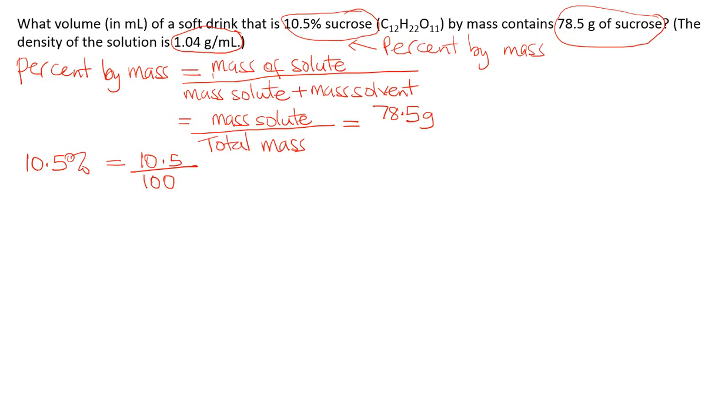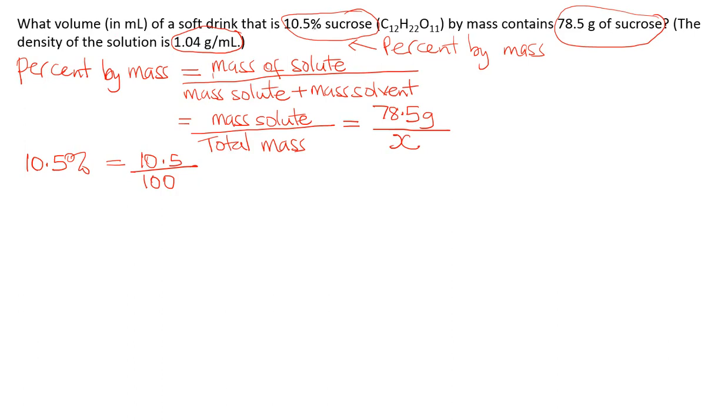But we do not know the total mass. So what we are going to do is to let the total mass be X. So our total mass is X. That is mass of solute plus mass of solvent. So what do we have?